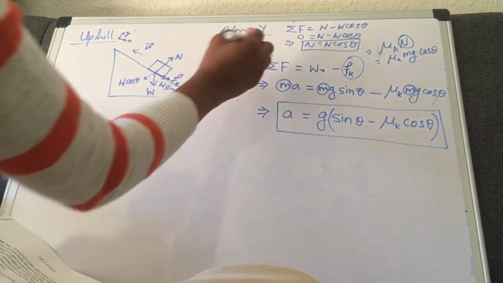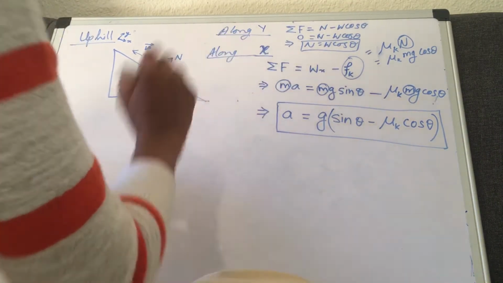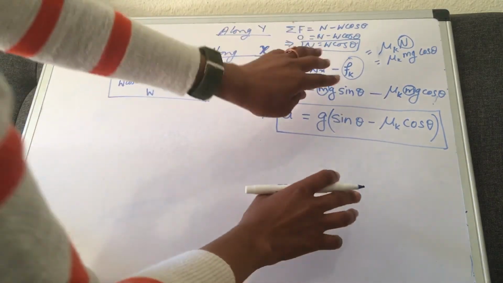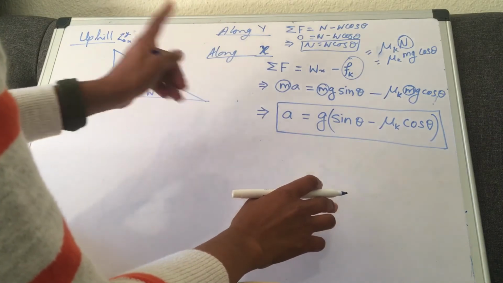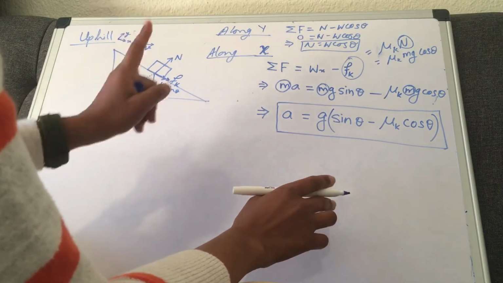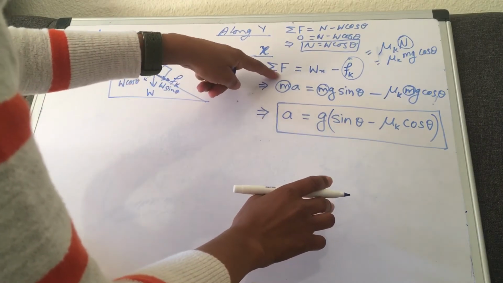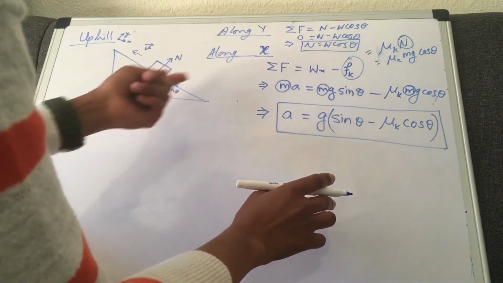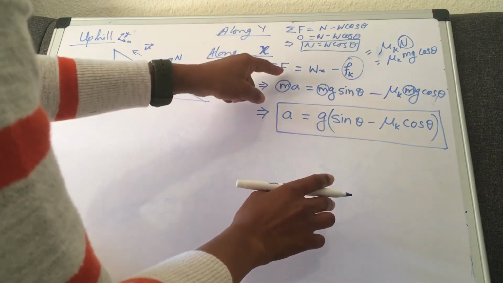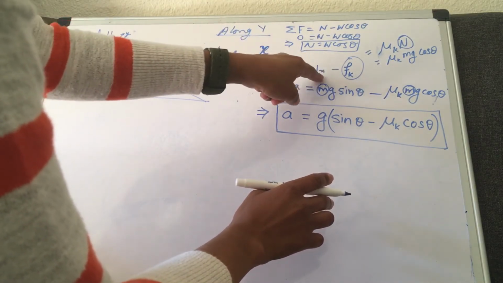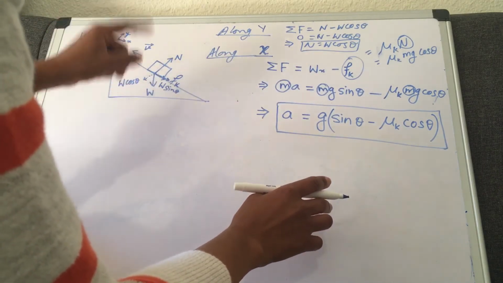Now this is along the x-axis. We initially wrote this for downhill motion. Now for uphill motion, the thing that's going to change is, this is Newton's second law, right? Total sum of the force equals ma. The total sum of the force here is wx.